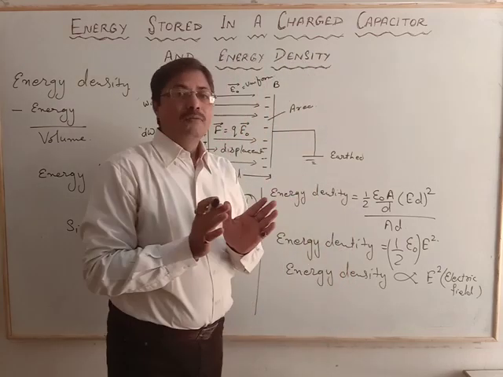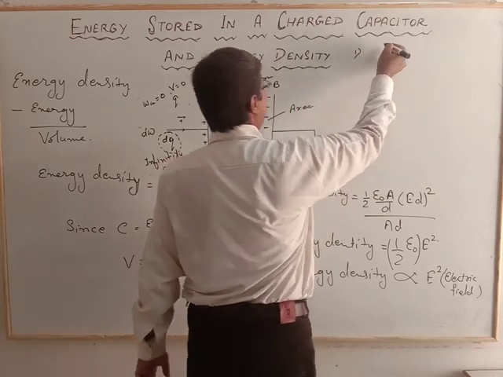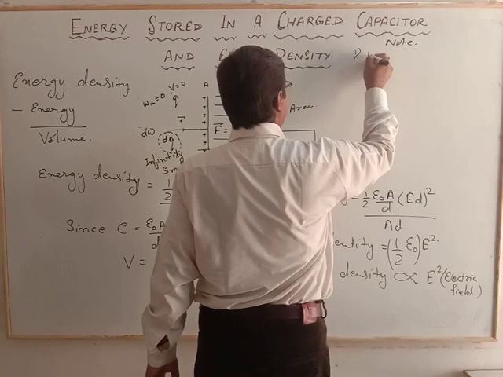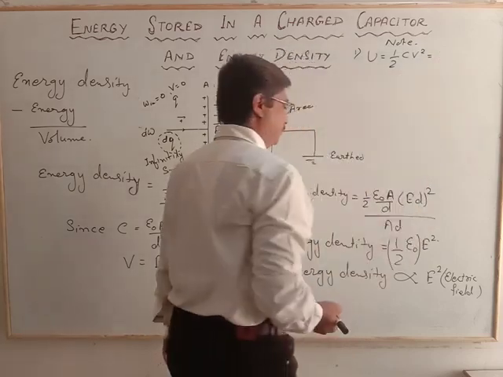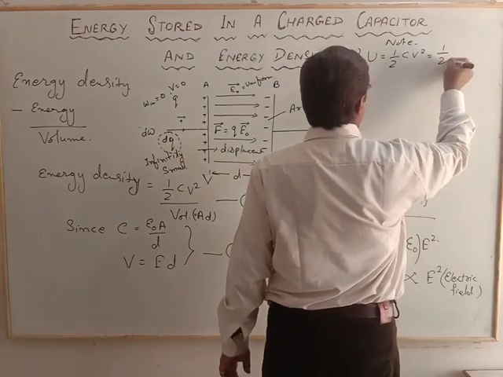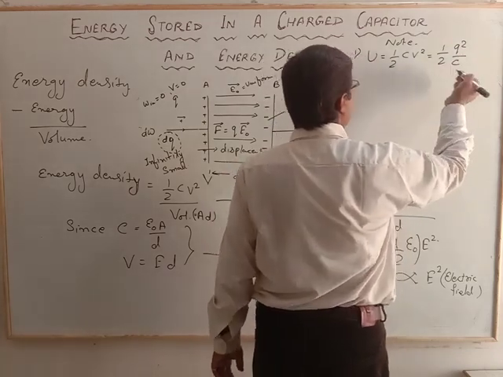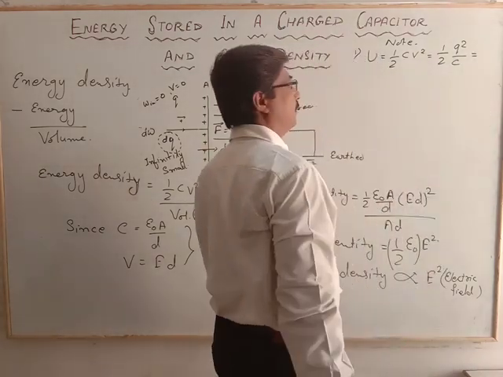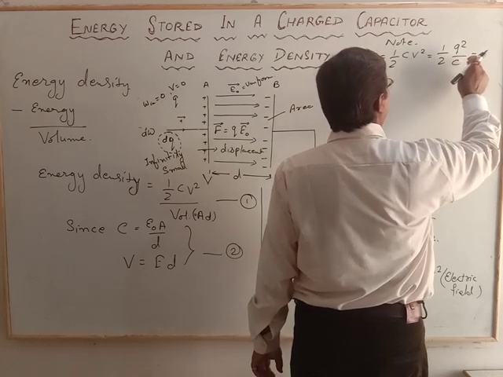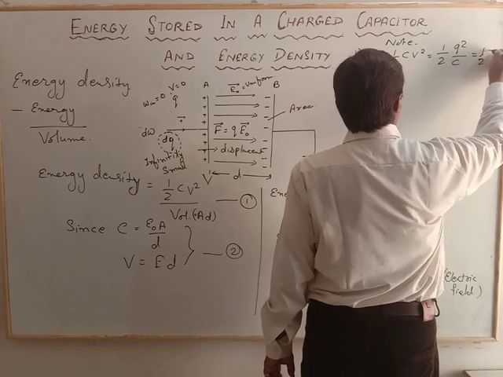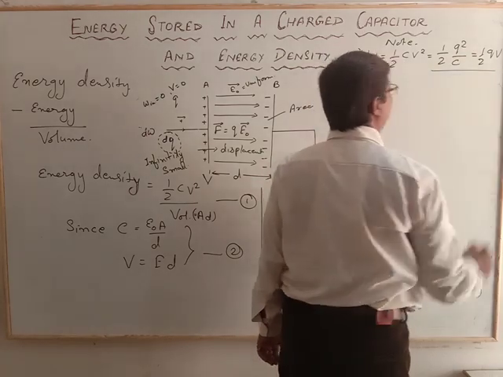Now, what conclusion for the expression? Point number 1 to remember: the energy is equal to half CV square, equal to half Q square by C, and equal to half QV. Why have I written that these two have no measured value?